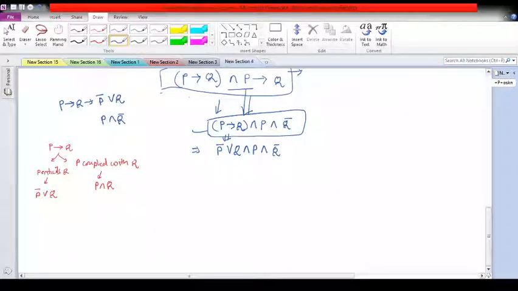This is what we made, and this is the resultant. From that it implies Q. So this will be as it is, ending with the Q bar of it. I don't have to change here because the contradiction I have already done. Now simply I have to follow the rule, that P implies Q can be written as P bar union Q, and P and Q bar.